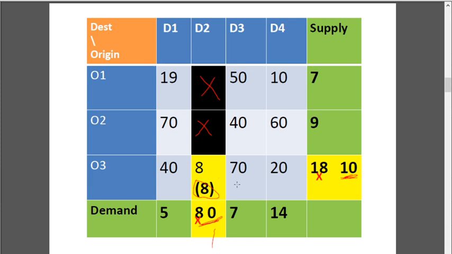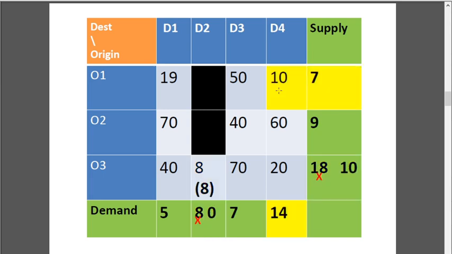So this cell has been processed. Now, from the remaining unprocessed cells, don't consider the deleted cells and the processed cell. From the remaining unprocessed cells, select the next cell which has the least cost, that is 19, 50, 10, 60, 40, 70, here 40, 70, 20. The least cost is 10. Select this cell. For this cell, the corresponding supply is 7 and the demand is 14.